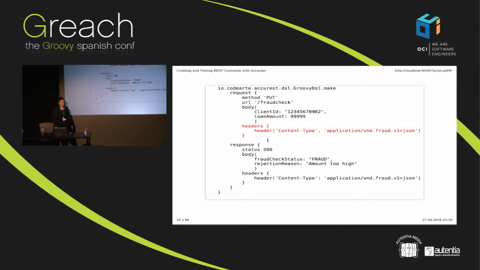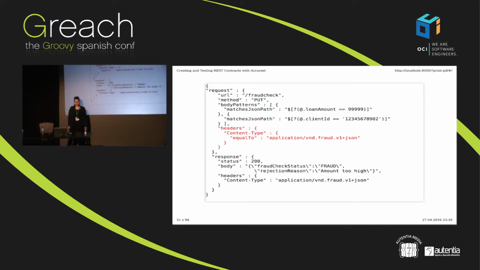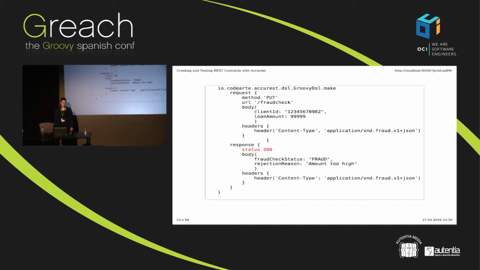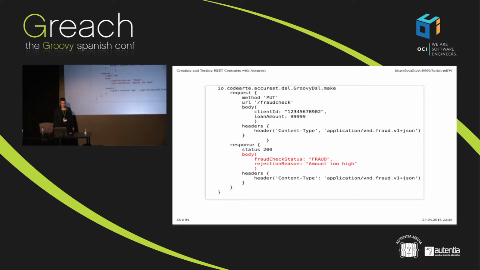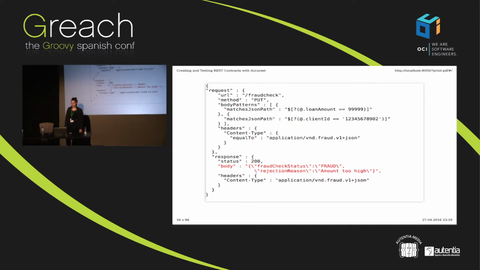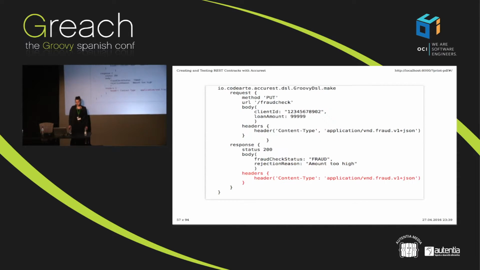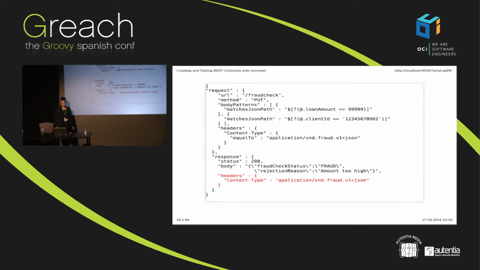And for every header, we check if the header content is equal to what we have defined in the script. Then the response part is also similar. We change the status from our script into the stub. Then we change the body validation into the body part of the WireMock JSON, and then the headers.